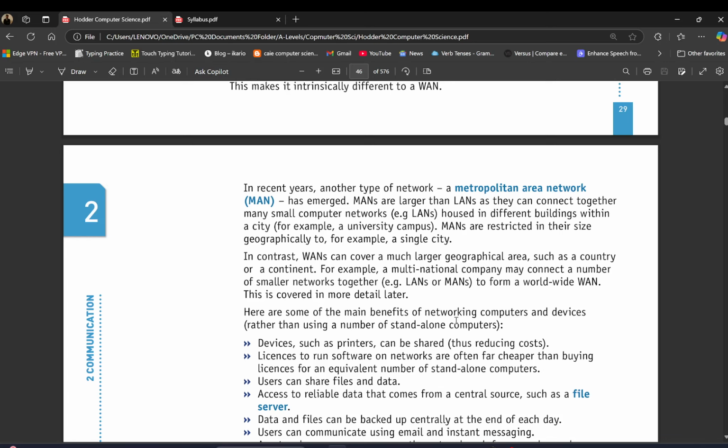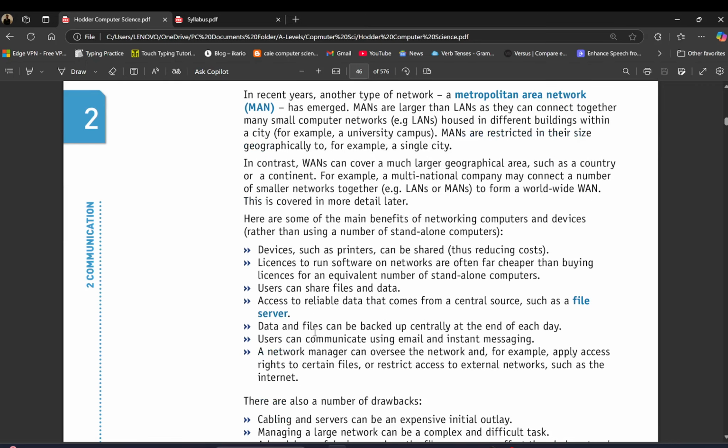They can also share files and data, right? So you could easily share files and data, and also you could create a central server where all data comes from, which is reliable because it's coming from a central server.